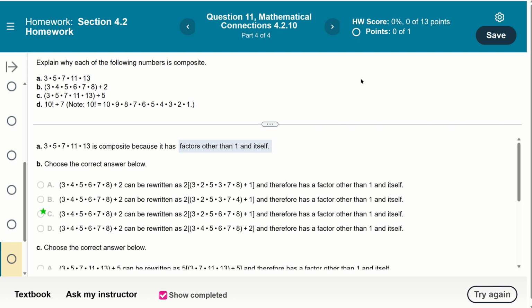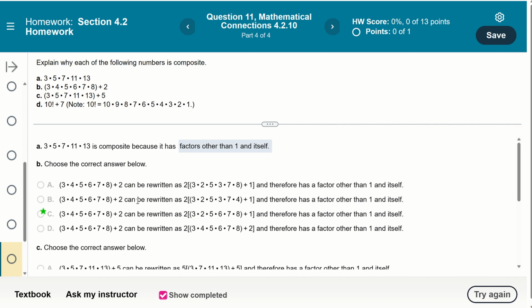So here we want to show how each of these numbers is composite. Now, part A, that's almost trivial, right? Obviously, this number, if you multiply it out, is composite because it obviously has all these factors other than 1 and itself.